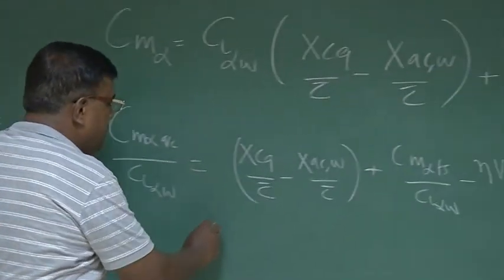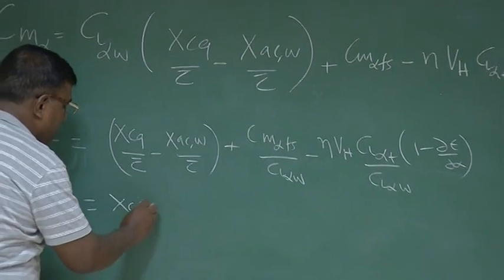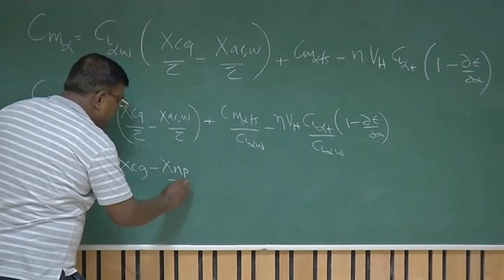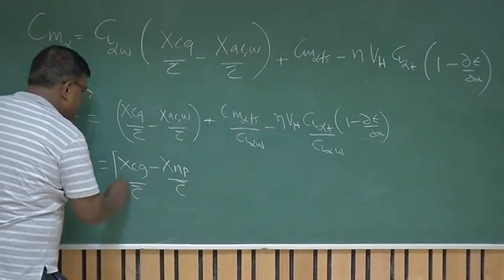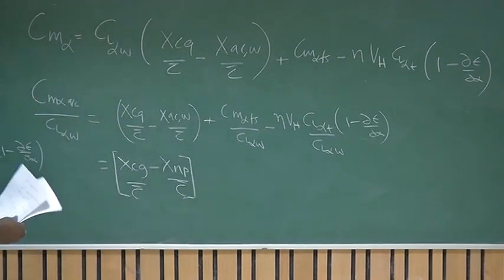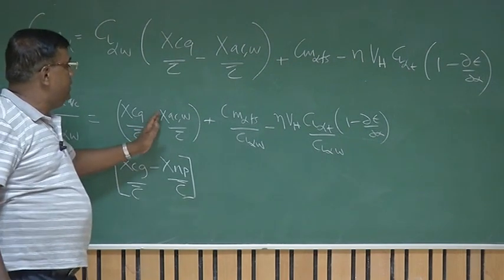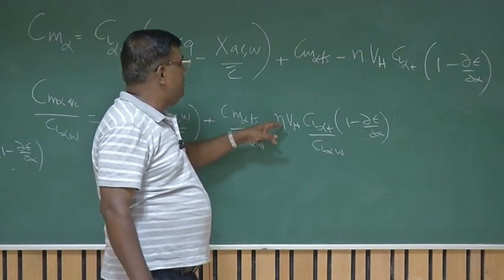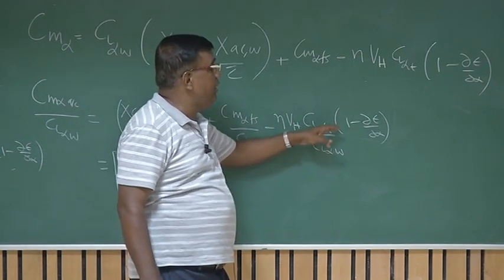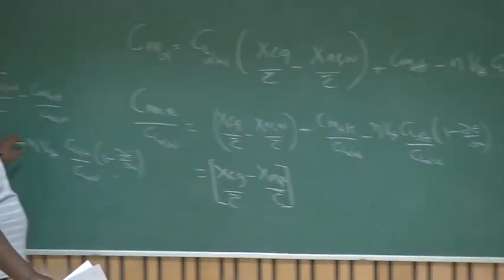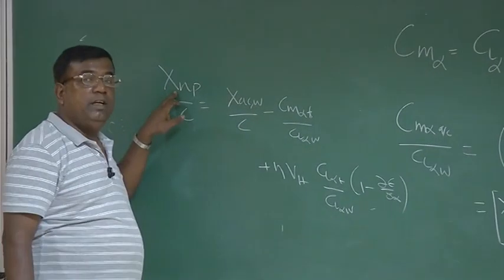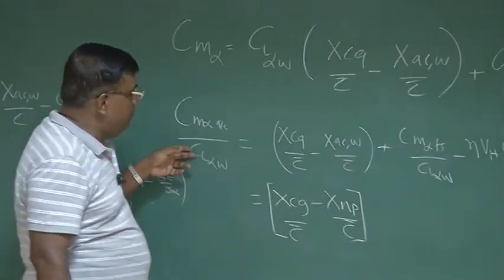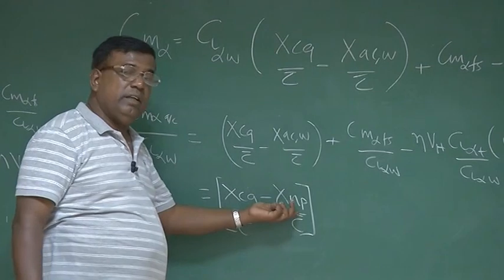If I just manipulate this, I can write this equal to xCG minus xNP. You could see, if I take the minus sign common here, then xAC wing minus Cm alpha fuselage by CL alpha wing plus eta VH CL alpha tail by CL alpha wing into 1 minus d epsilon by d alpha, and that is nothing but xNP by C, the location of the neutral point. So this ratio is nothing but xCG minus xNP.